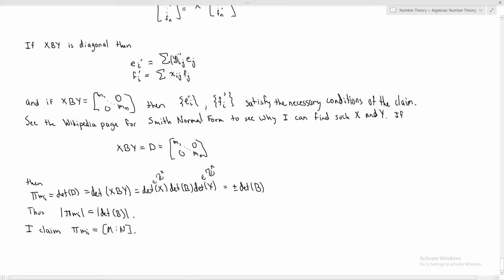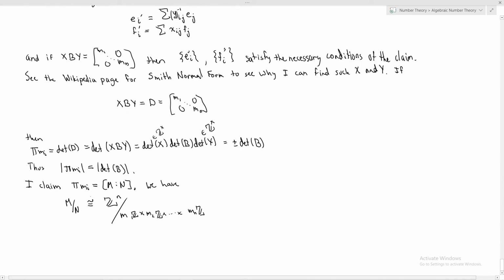The way we're going to understand this is essentially through a sequence of isomorphisms. So we have M mod N, which is isomorphic to Z^n modulo m1Z cross m2Z cross ... cross mnZ.